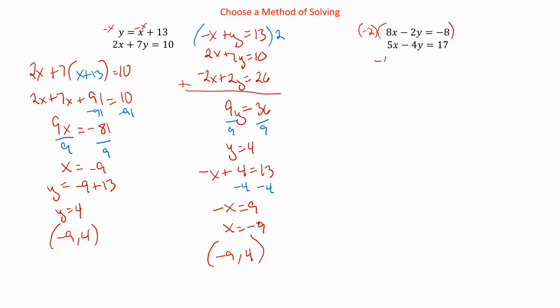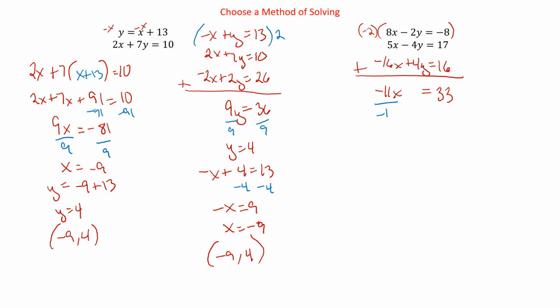That gives us negative 16x plus 4y equals 16. We can now add these two together. 5x minus 16x is negative 11x. Negative 4y plus y is eliminated. And 17 plus 16 is 33.